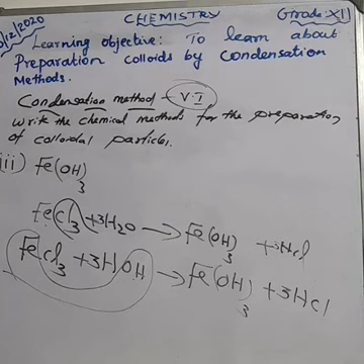So, a very important question: the condensation method. Write the preparation of colloids by the condensation method. Otherwise, the chemical methods for the formation of colloidal particles by condensation. What are the various chemical methods for the formation of colloidal particles?